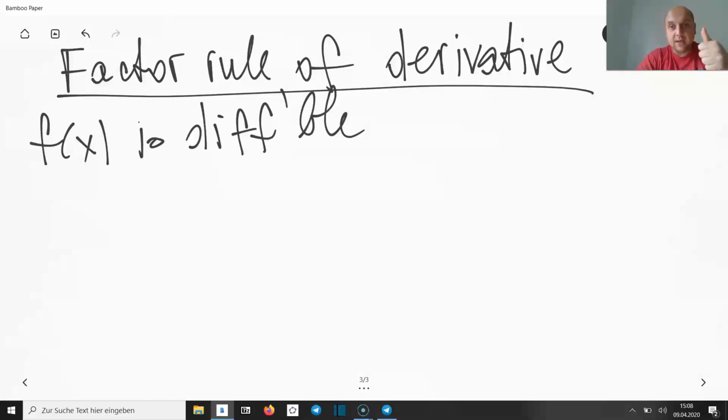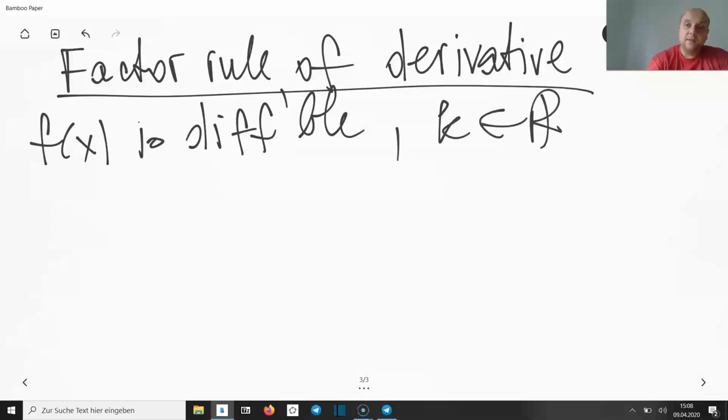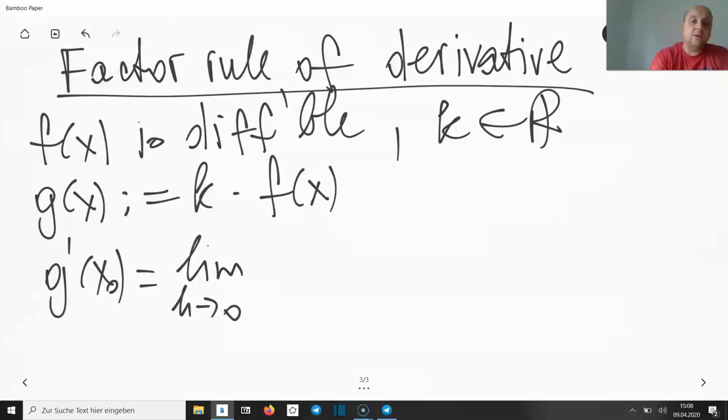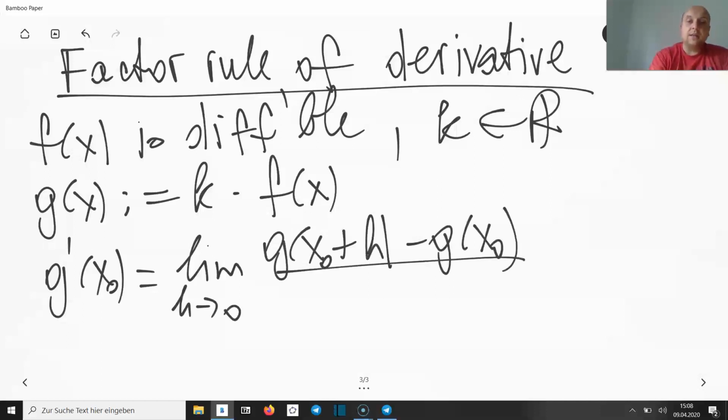We have a unique existing and finite slope. Then k is a constant value. Define g of x as k times f of x. Then the derivative of g at x0 is going to be the limit h towards 0, g of x0 plus h minus g of x0 divided over h.